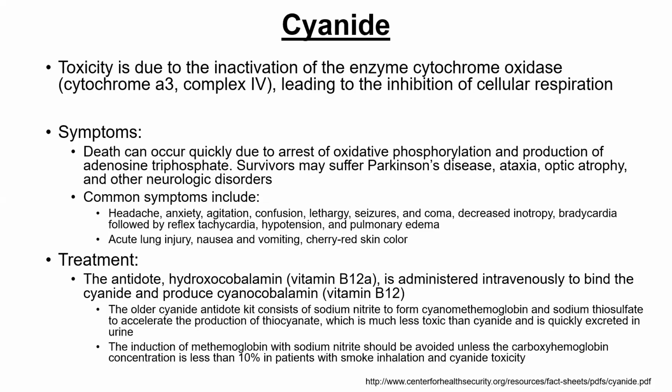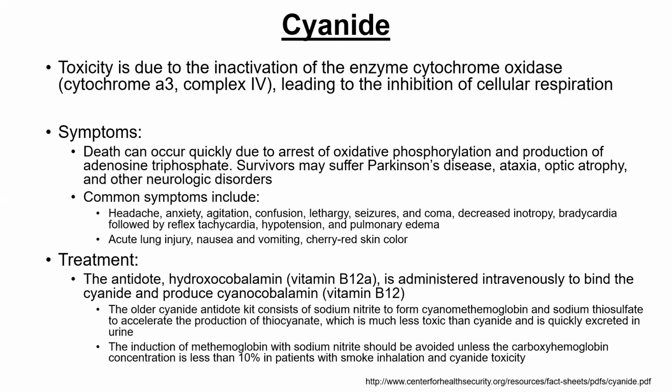So what happens here, when you have an excess of cyanide, it inactivates one of the enzymes called cytochrome A3 or complex 4, which is part of the oxidative phosphorylation process, also known as cellular respiration. And if you go back all the way to our biochemistry lecture, we talked about those cytochromes when we were talking about the TCA cycle and electron transport chain.